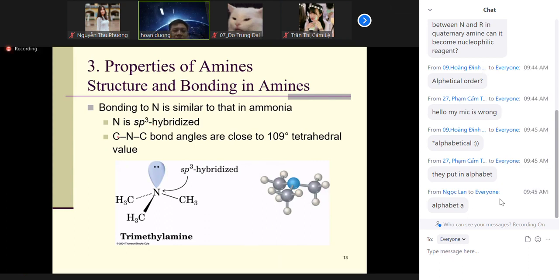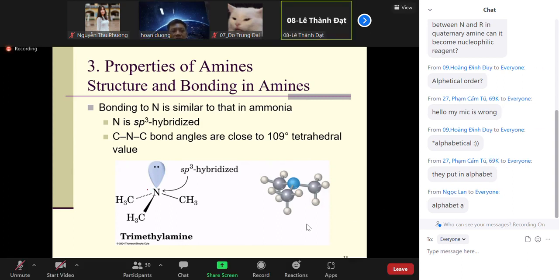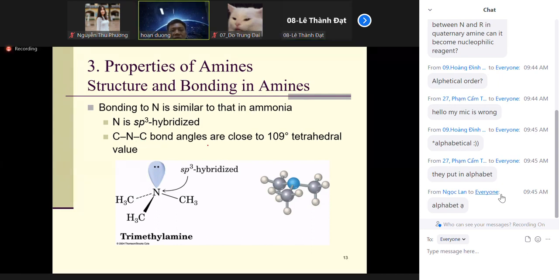And N is sp3 hybridized. The C-N-C bond angles are close to 109, tetrahedral. Okay, that looks good, huh?